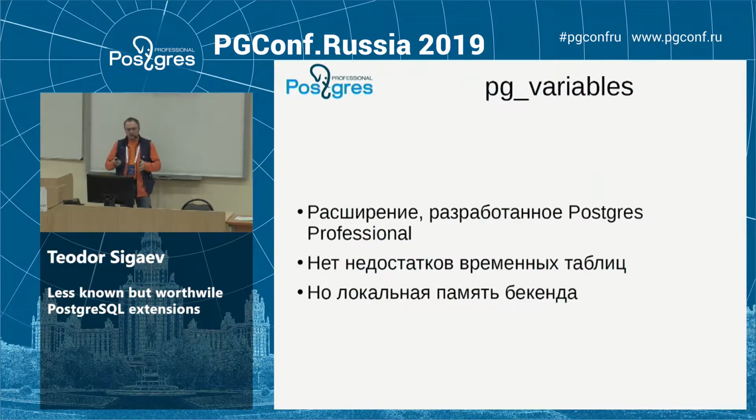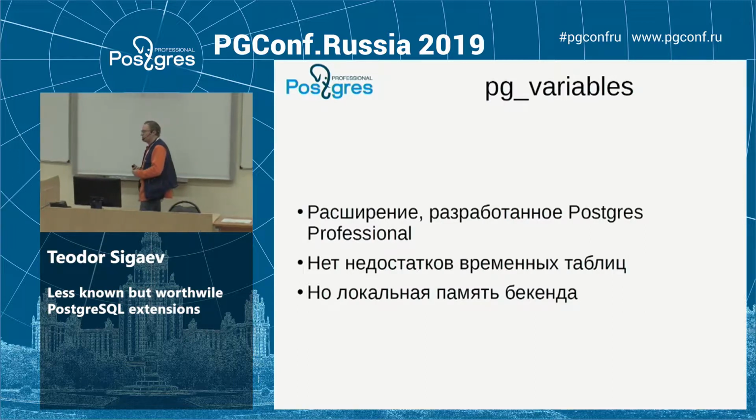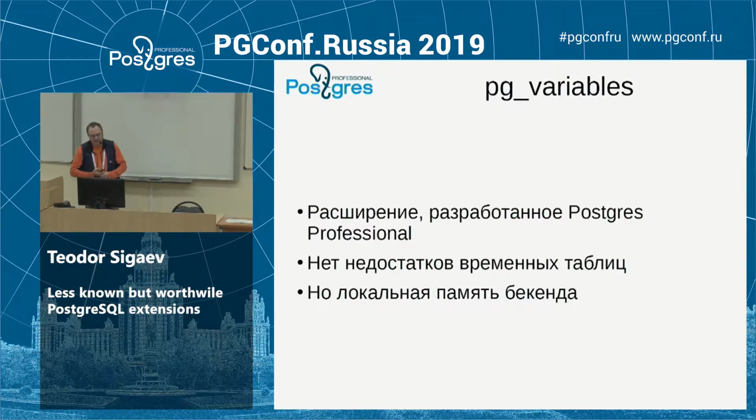When you create a temporary table and write your first record in it, you immediately create a file, 8 kilobytes, the first page on your disk. In the majority of cases, it's not needed, and Postgres Pro Enterprise knows how to write it to disk only when temp buffers are over. In the majority of cases, when you have smaller temporary tables, it can help.